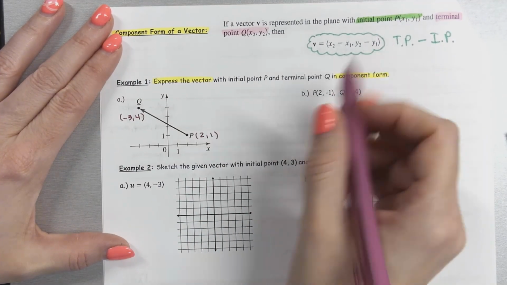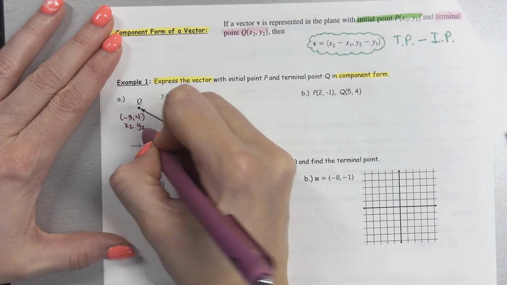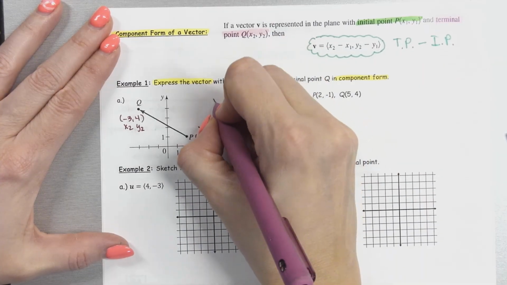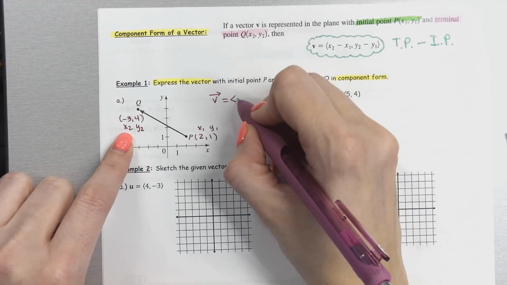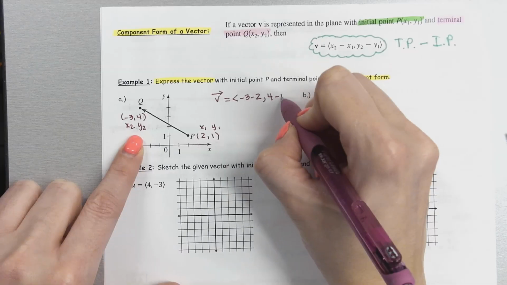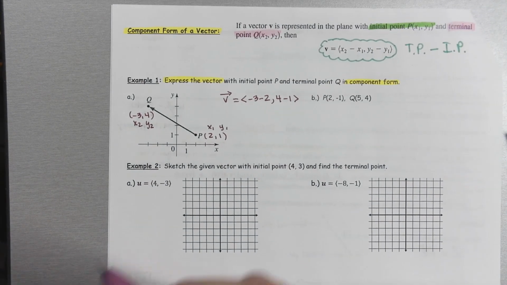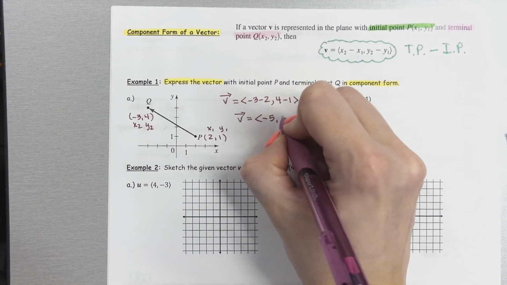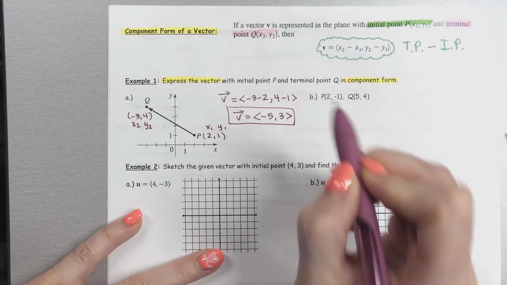Your P is always the x1, y1, and here you have your x2, y2. So we can use this formula: -3 minus 2, comma, 4 minus 1. So -5, 3 is going to be your component form.